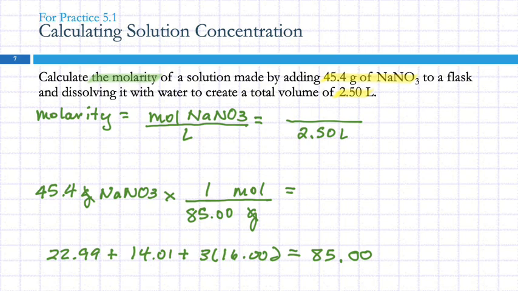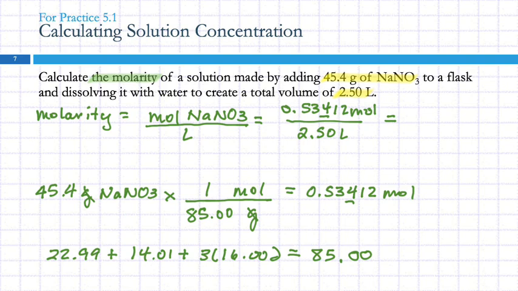Okay, 45.4 divided by 85. 0.53412 moles, and I'm keeping those extra digits to avoid rounding errors.